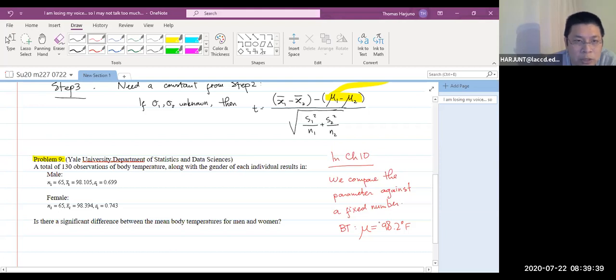But we want to see from the samples if they have any difference. Of course we can also ask, is the body temperature for men less than the body temperature for women, for example. But chapter 11 is more realistic, because in a more realistic model there is a big chance that we don't have this number that was provided, as in the cases we have in chapter 10.